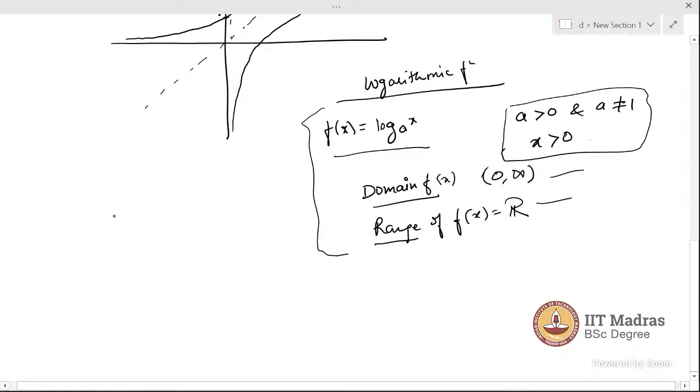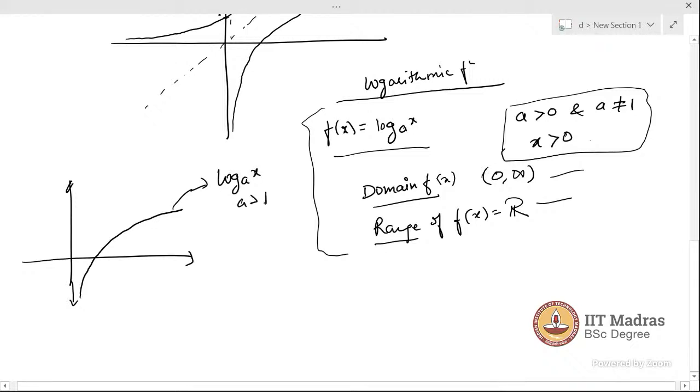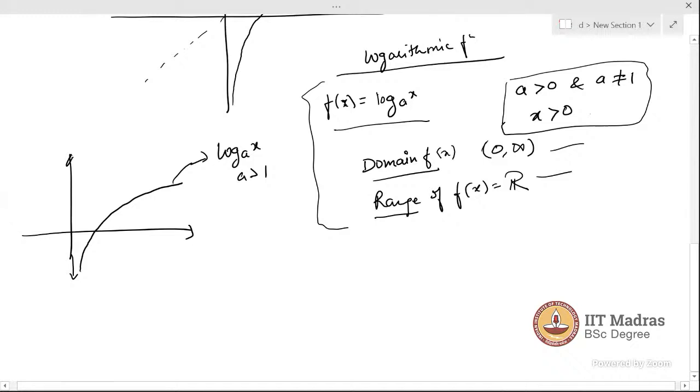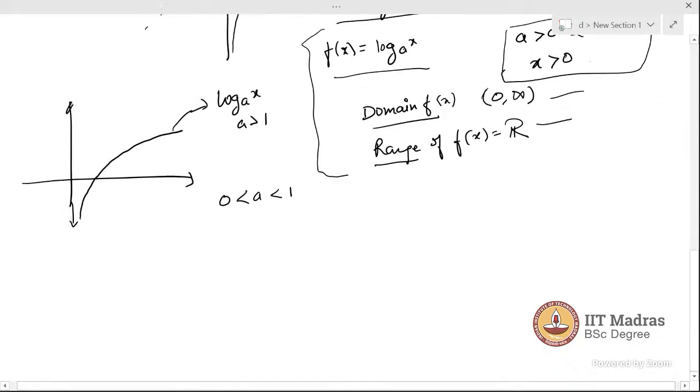Having known what logarithmic functions are, now let's see how these graphs look. Some basic graphs: when we have this, we have this kind of nature of the graph, like this, for log ax where a is greater than 1. What about when a is between 0 and 1? How will the graph look for the log function?